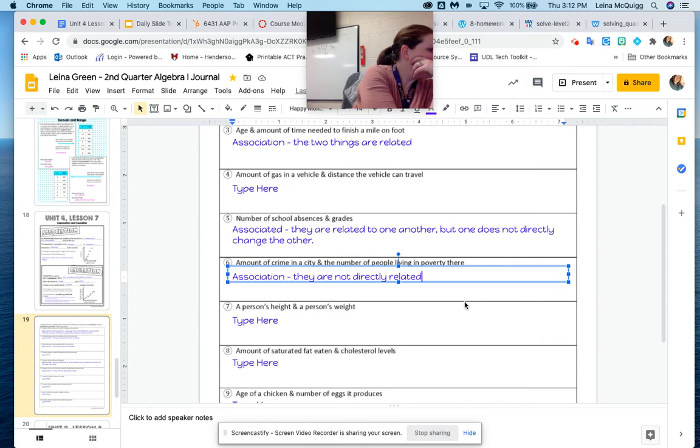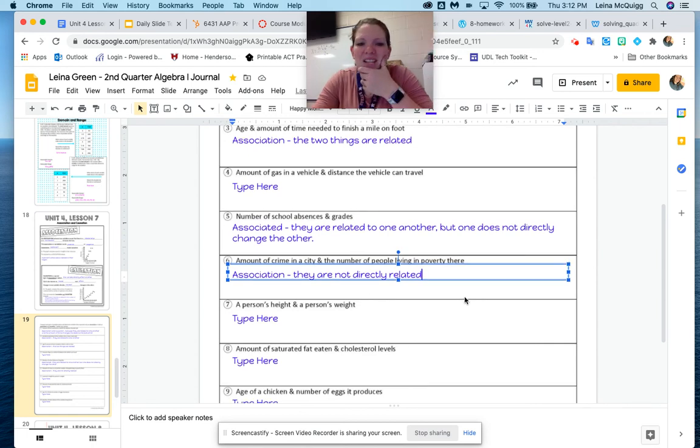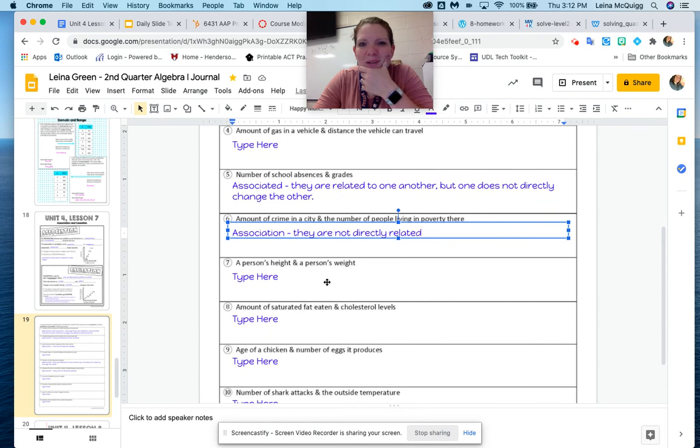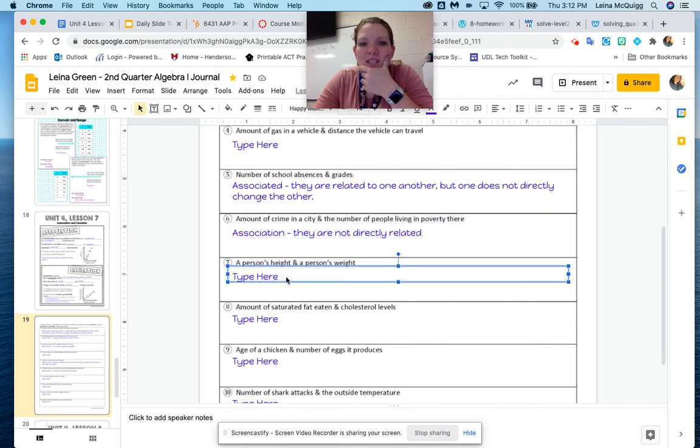Let me choose one that's both. Let's see. I'll do number 7 and number 9. Then I'll just leave you a couple to do on your own. A person's height and a person's weight. Are these related to one another?